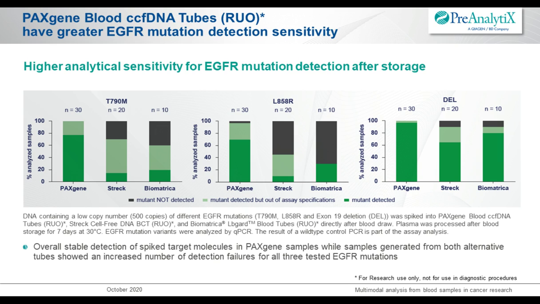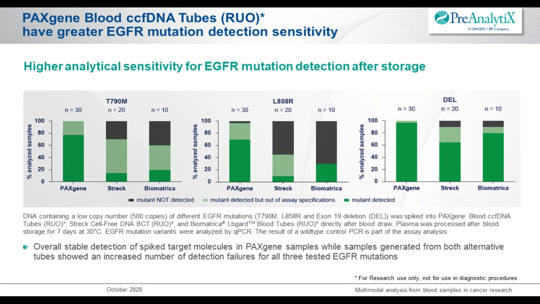It is an experiment where we collected blood from healthy donors in 3 different tube types: the PAXgene tube, the Tracks tube from the slide before, and a third tube from a different competitor, Biogen, which has a similar strategy to the Tracks tube to prevent gDNA release.